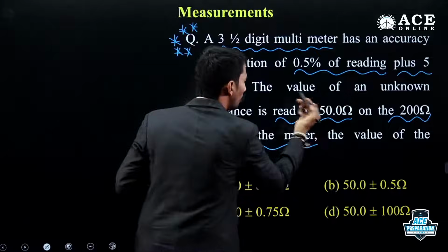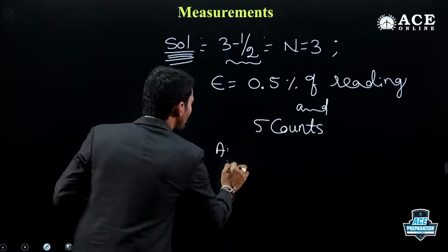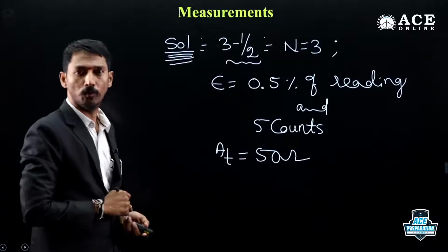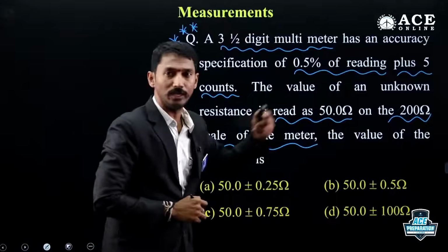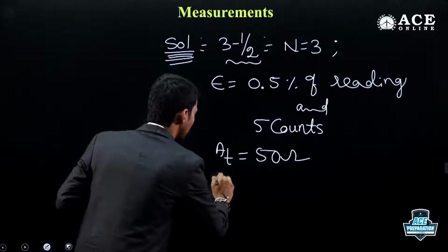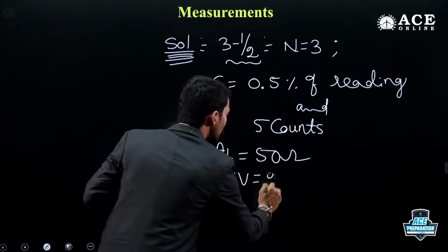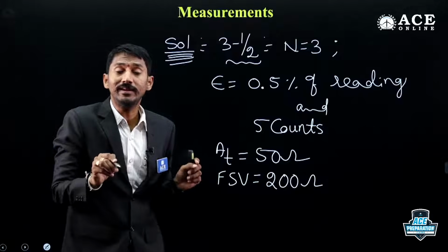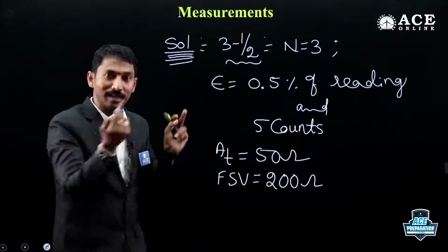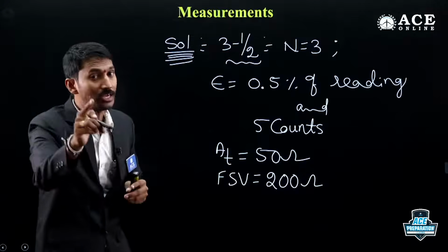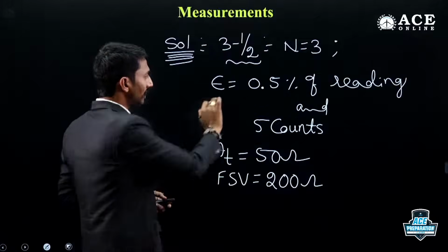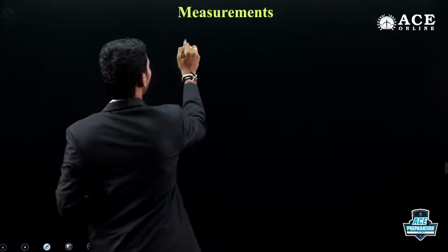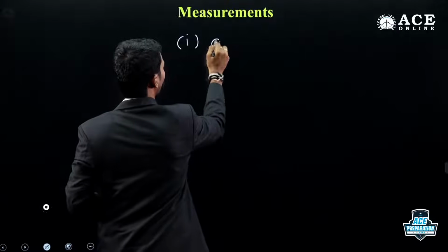So the true value is 50 ohm. What is the full scale value? 200. Yes, the full scale value is 200 ohm. In this also, where we make the mistake in general, I am going to give that. After that, I will correct your mistake. Be clear. Sir, let us find out the first error. 0.5% of reading. So, I am taking the first error.